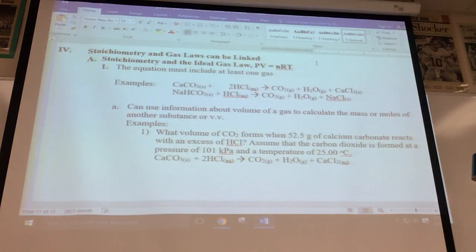Last time we talked about the ideal gas law. What is the very basic formula for the ideal gas law, Chris? Pressure times volume is equal to n R T. Yeah, PV equals nRT. So pressure, volume has to be in what unit?